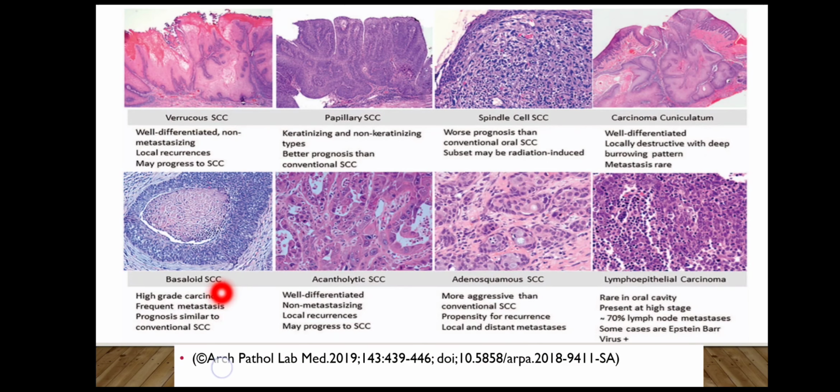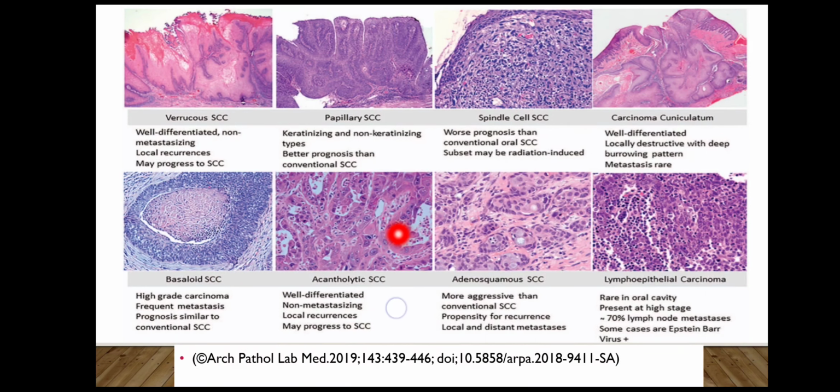Basaloid type of SCC has basaloid cells with a comedonecrosis pattern. There will be necrosis in the center of the basaloid nest. The cells will be dark, small, round, basophilic with scant cytoplasm. There will be frequent metastasis from this, and prognosis is similar to conventional SCC.